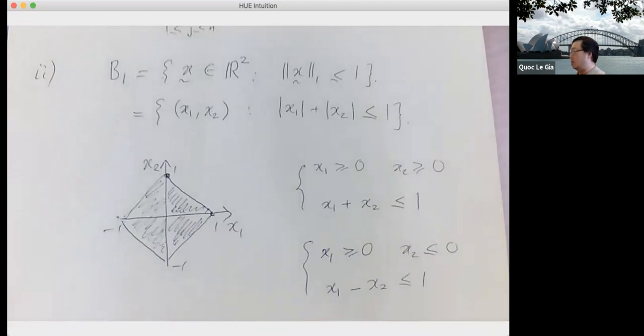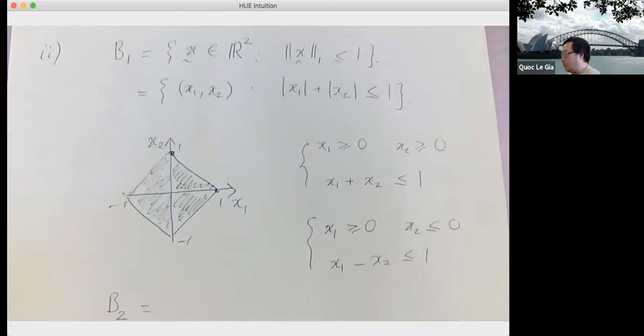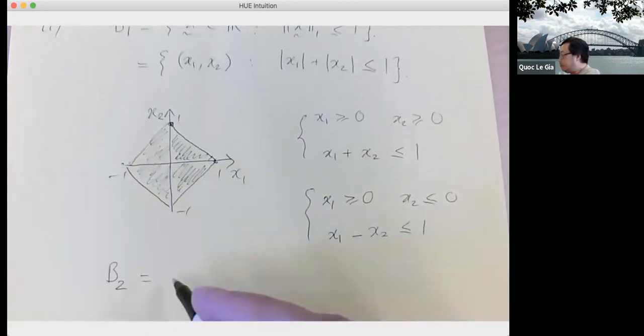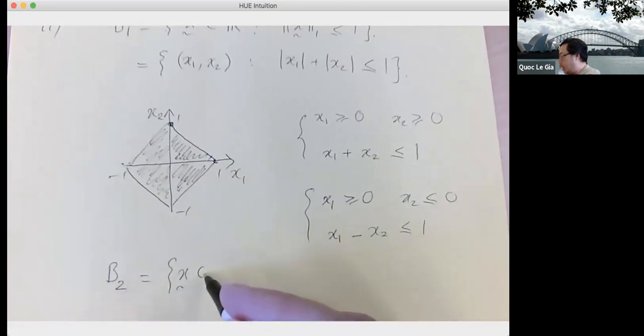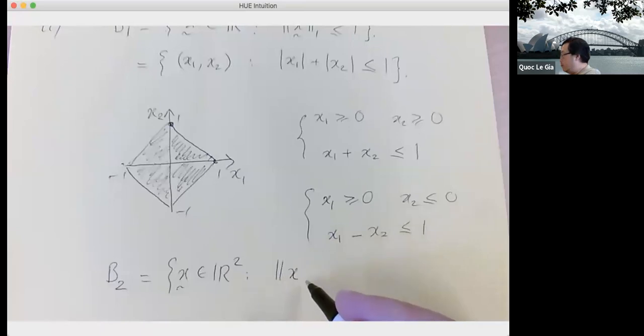Now what happens if I replace B1 by B2? B1 is for the 1 norm, but B2 is for the 2 norm. So B2 will be x in R2 such that the 2 norm is less than or equal to 1.